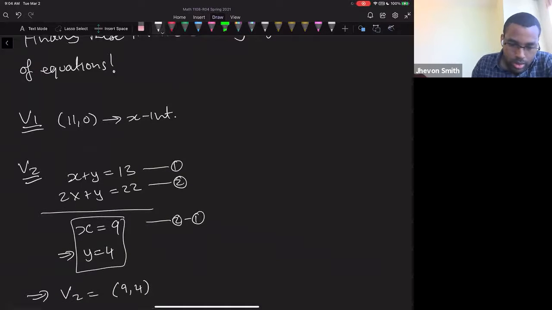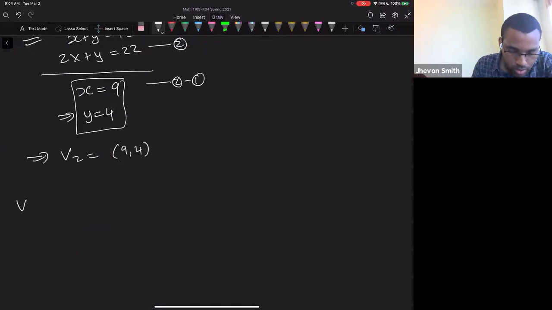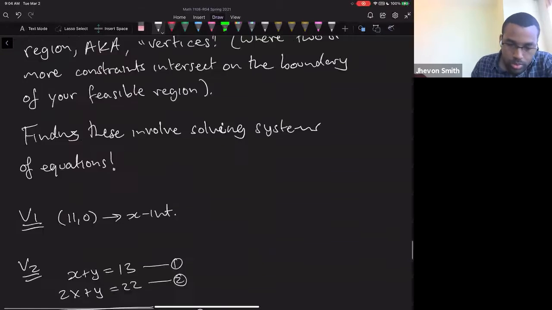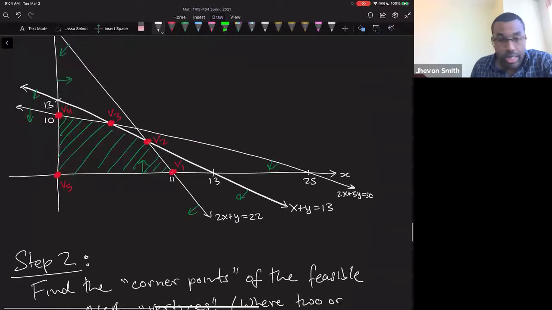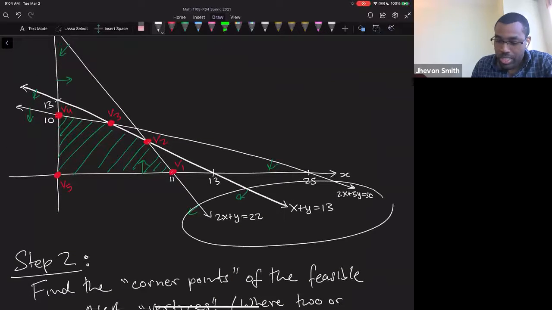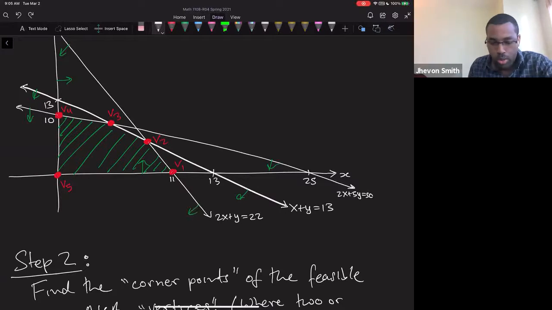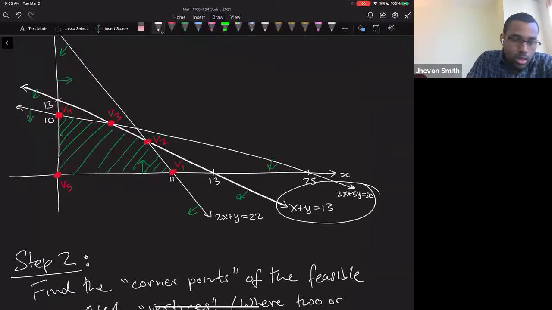Moving on. V3. Now I'll notice, and this is why, as I said, it was very important to actually label your lines, because you're going to want to know who you need to put in a system of equations to find the needed corner points. So V3, you'll notice that it intersects these two lines over here. Right?